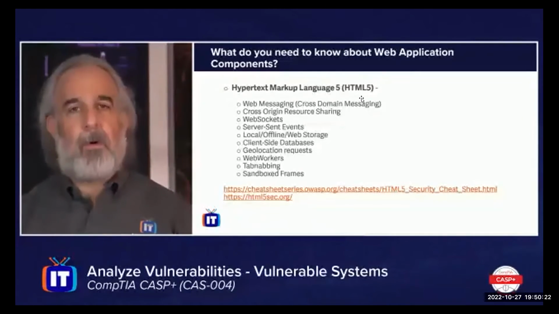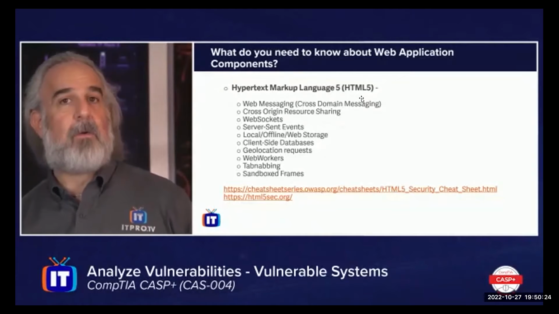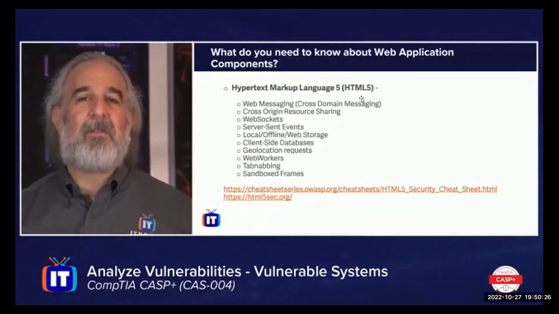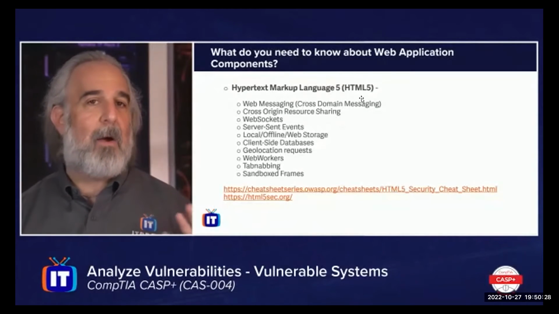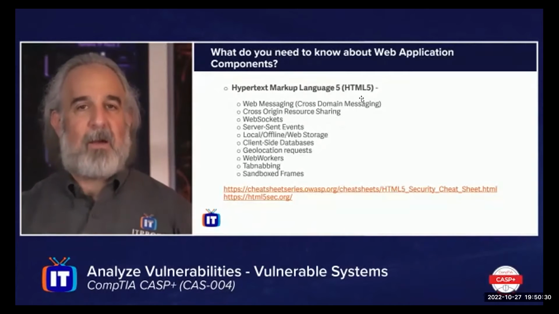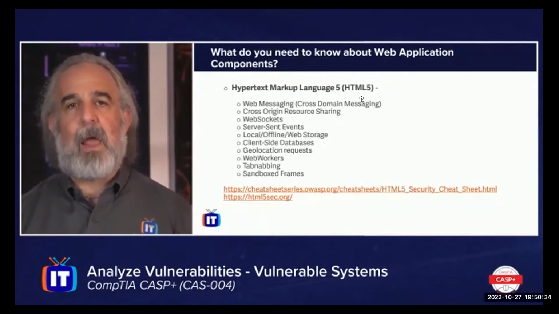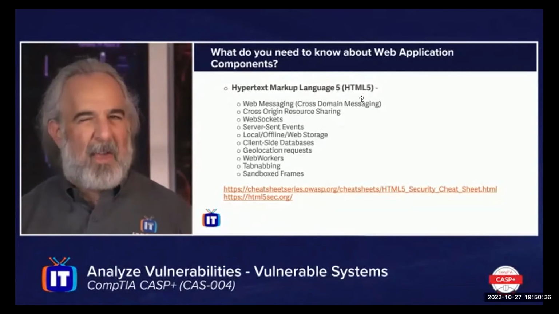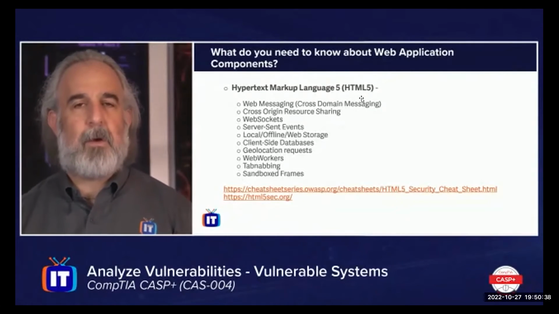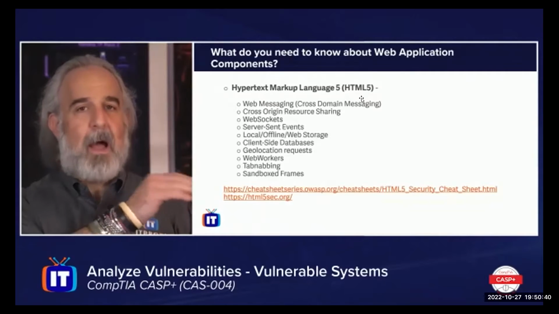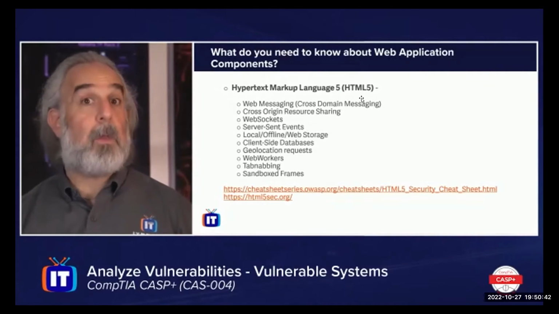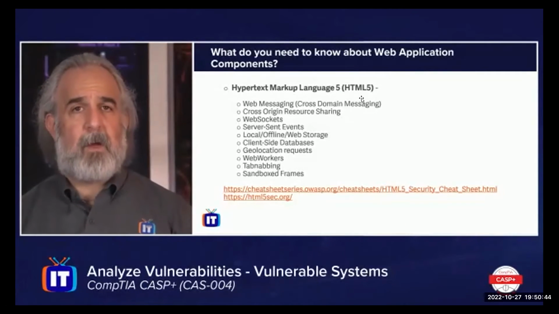Want to make sure we're focusing on things like cross-origin resource sharing, things like making sure we're looking at how execution takes place, client-side versus server-side, geolocation requests. There's a lot of stuff on the screen, and we want to make sure we're thinking that these are issues we want to at least be aware of. And again, the guidance on this from OWASP would go a long way towards helping us to understand the do's and don'ts here.